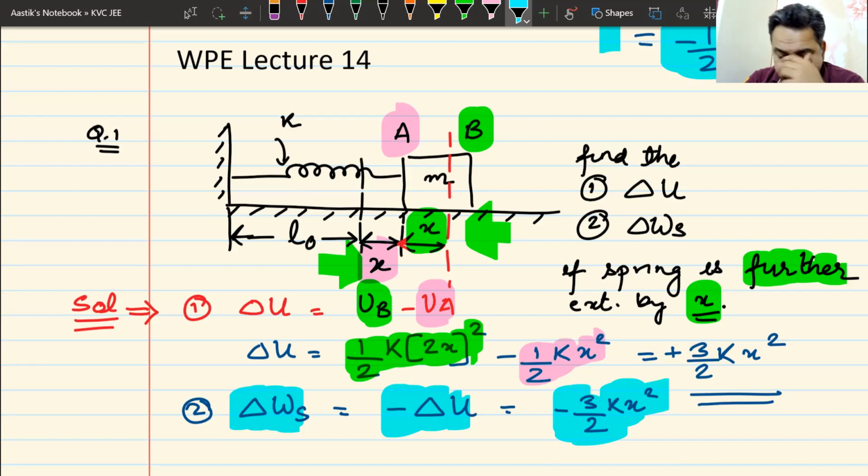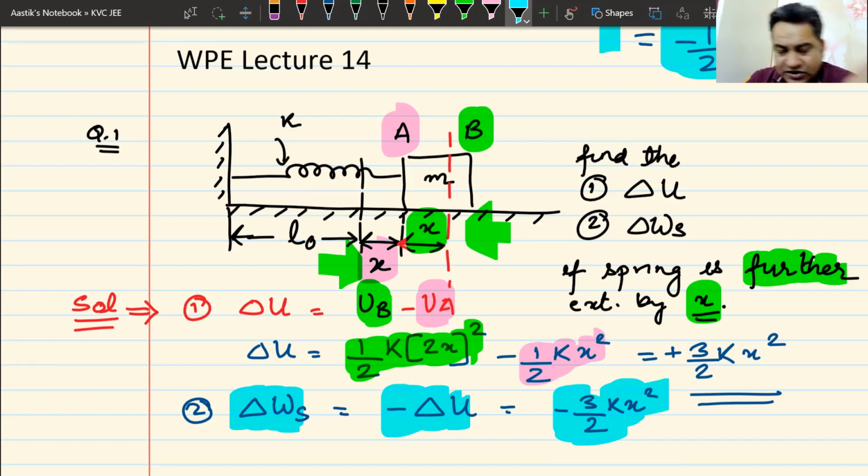But as I told you before also, now also I am telling you, this concept of potential energy is not required to solve any question in work, power and energy, because this is just an additional thing that we have taken. All questions can be done without even considering potential energy, because potential energy is nothing but negative of work done by the force.